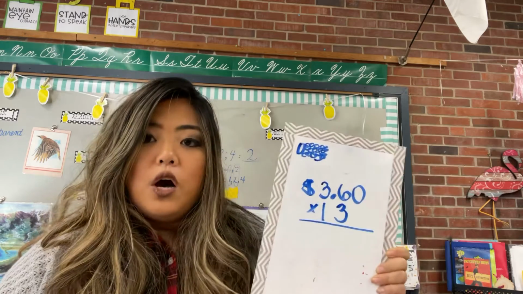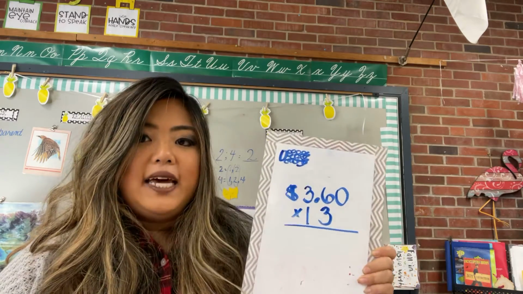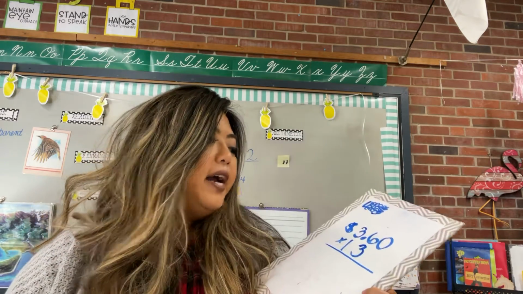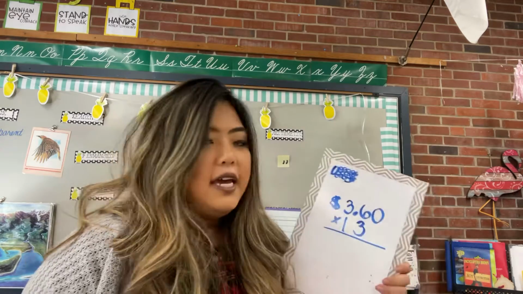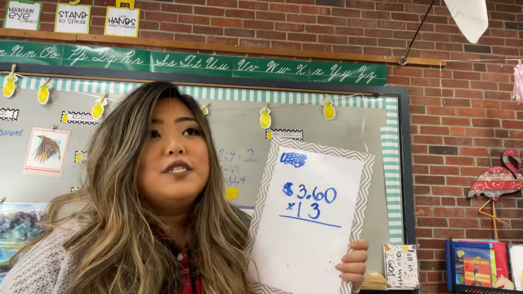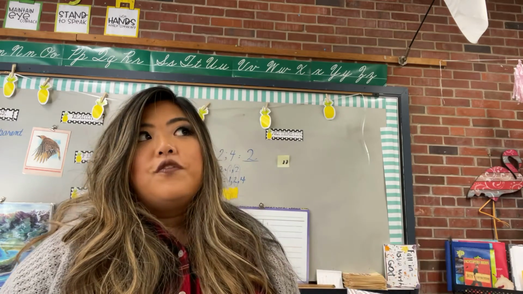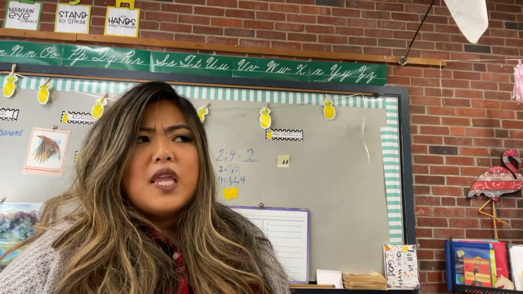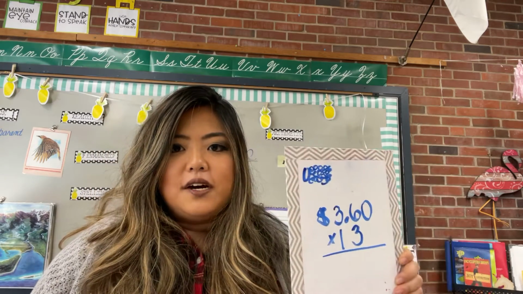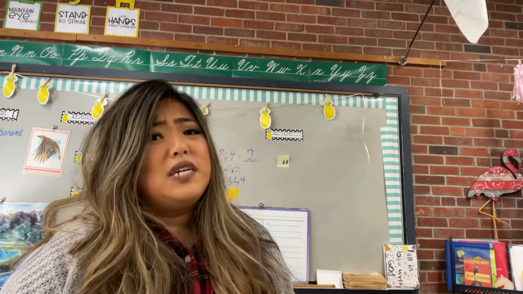Okay? So you would have to multiply this. Now, if you decided to divide, you would get that he made 20 cents. Now, if he's selling them for $3.60 for a dozen, and then he sells 13 dozen and makes 20 cents, we have done something wrong. So always go through your problem and say, does this make sense?